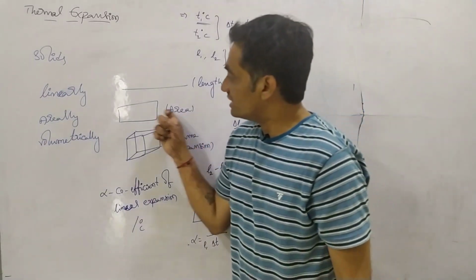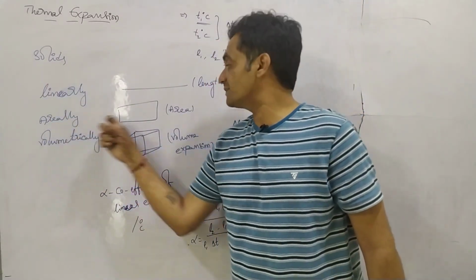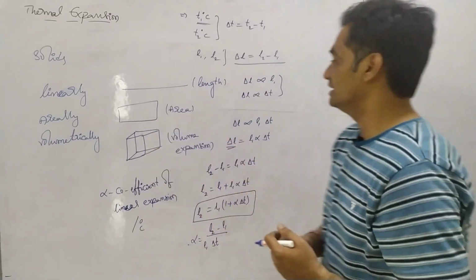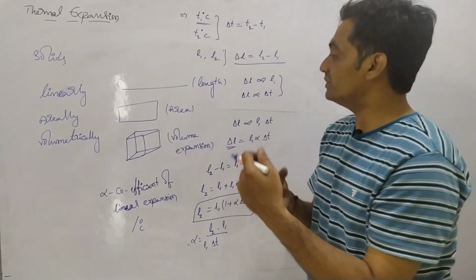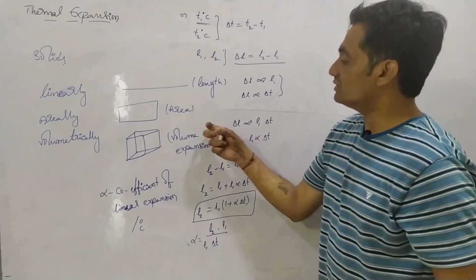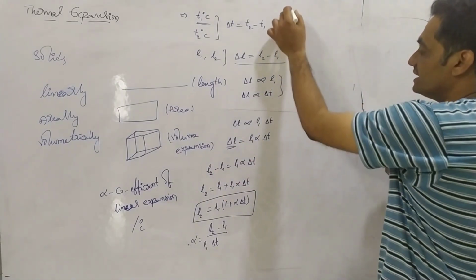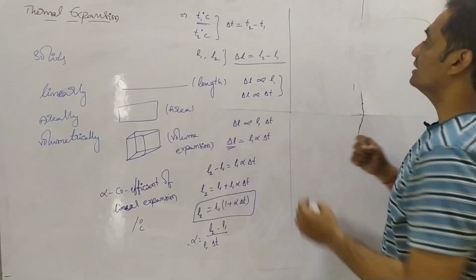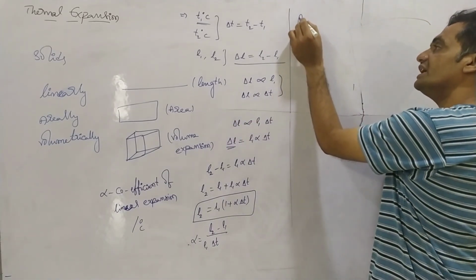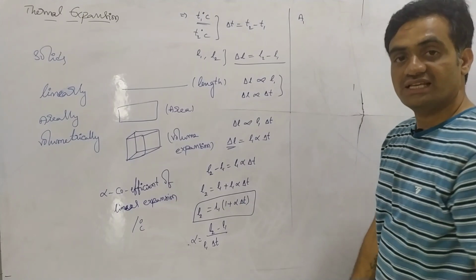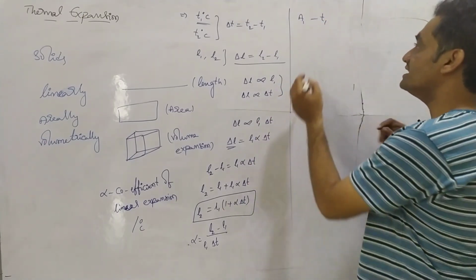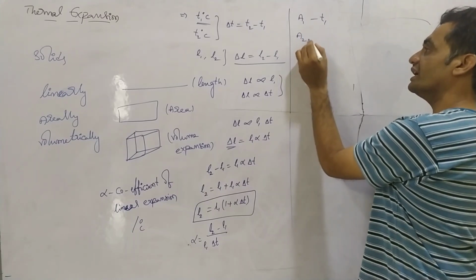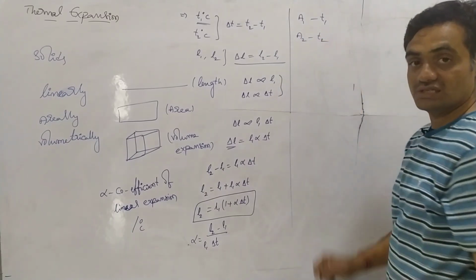Now observe that this solid body can also expand area-wise. Suppose we heat a body and it has expanded based on the area. Now we are going to represent the equation. Observe that the initial area of the body is A1 at a temperature T1 degree Celsius, and its final area is A2 at a temperature T2 degree Celsius.